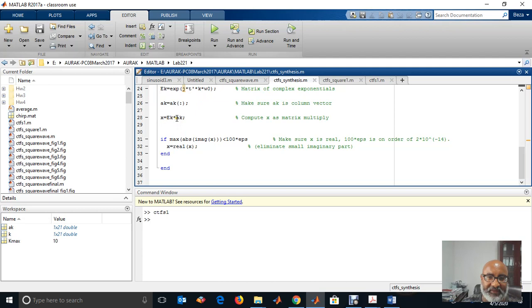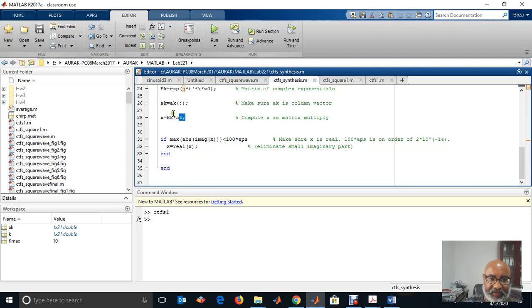The x of t is this matrix ek multiplied by ak. ak is a column vector, length of k by 1. So remember, ek is length of t by length of k, and ak is length of k by 1.